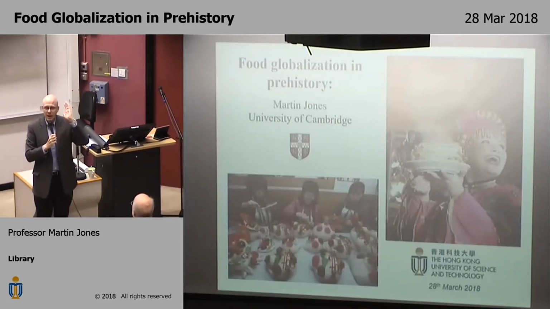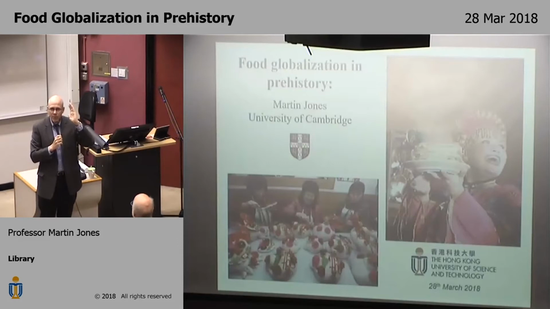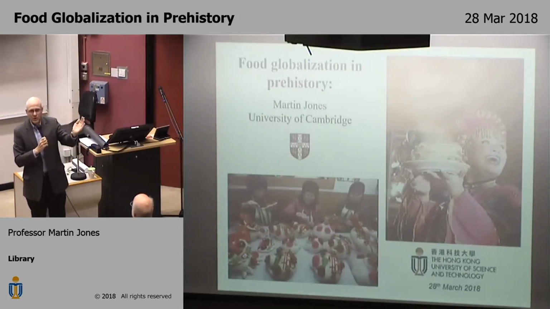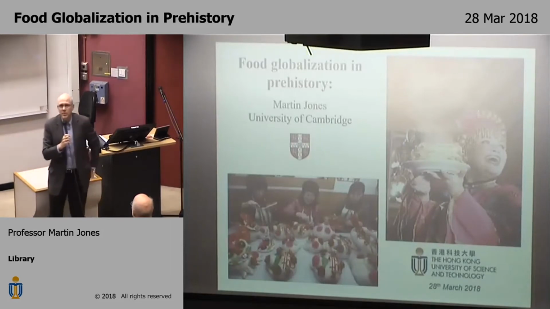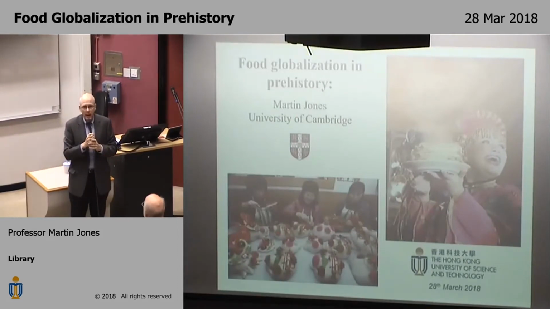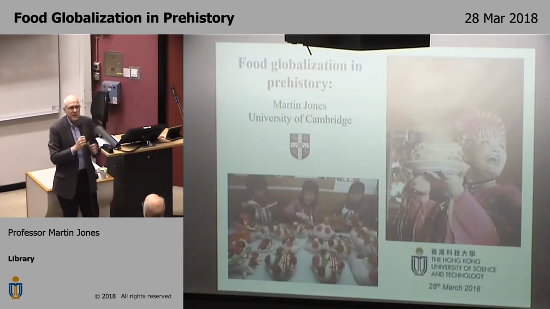So we have food crops which came from the west, wheat, barley, rye, that went to the east. Then we have food crops such as millets, common millet, foxtail millet, rice, and also buckwheat, which some of you might know as soba, Japanese soba. How these crops were transmitted in ancient times.